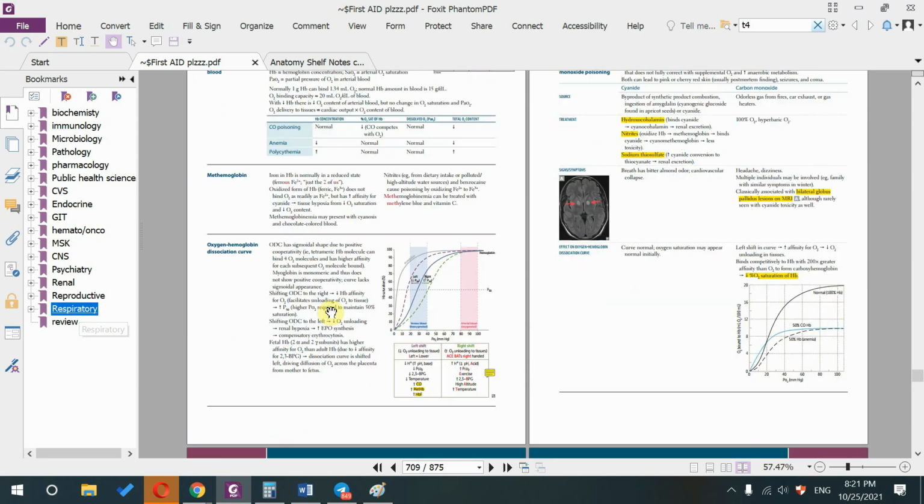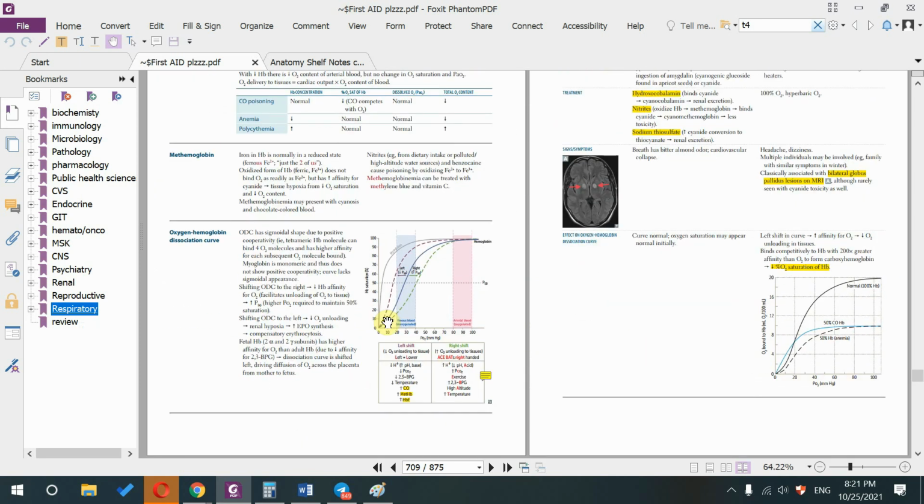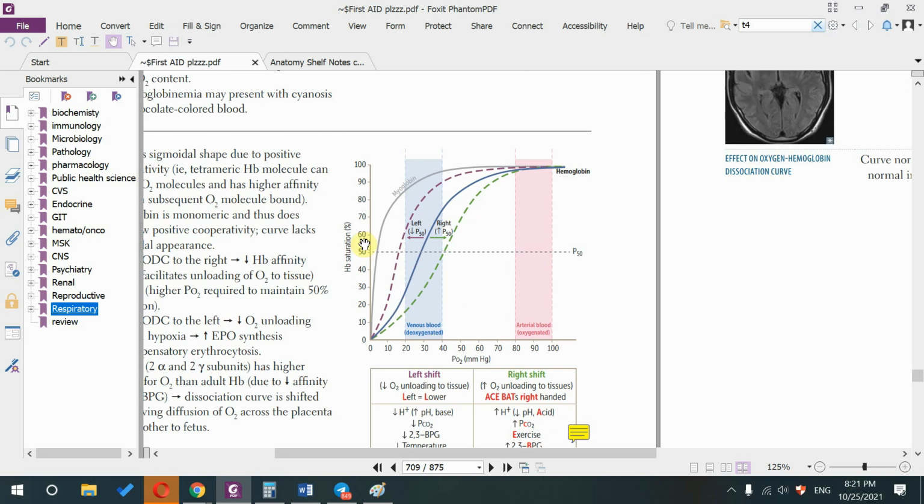That curve, in the case of fetal hemoglobin, will be shifted to the left. We'll speak about this in respiratory. But what does it mean when it's shifted to the left? It means that the affinity of the hemoglobin is much higher. I will not go deep into it. We will explain it deeply when we reach respiratory, but just keep in mind that in fetal hemoglobin, it shifts to the left.